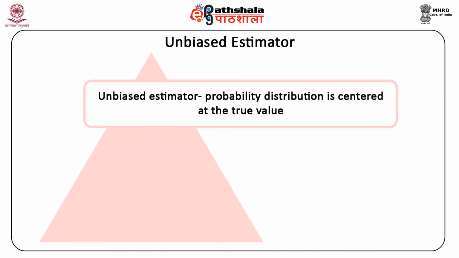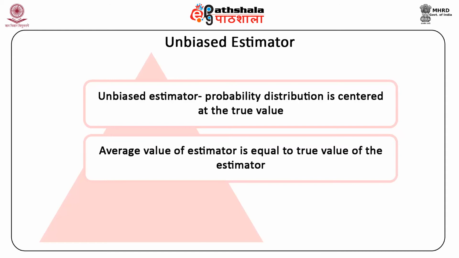Moving on to understand what an unbiased estimator is. An estimator is said to be unbiased if its sampling or probability distribution is centered at the true value of the population parameter. That is to say, the average value of the estimator in repeated sampling is equal to the true value of the population parameter. More precisely, the expectation E of theta hat is equal to theta.